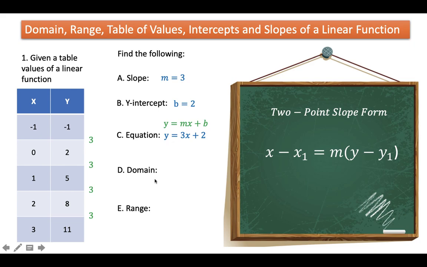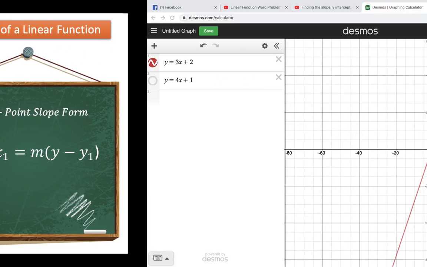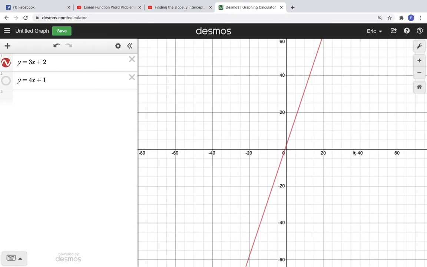Okay, to find the domain, recall that the domain is the set of all x values in our xy plane. So it covers all x values on the right and on the left. So positive x and negative x.